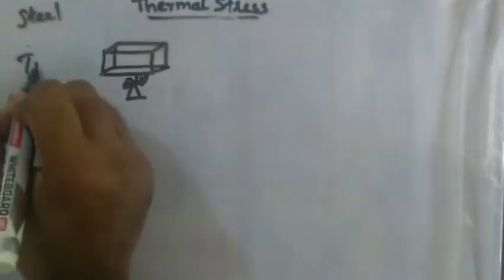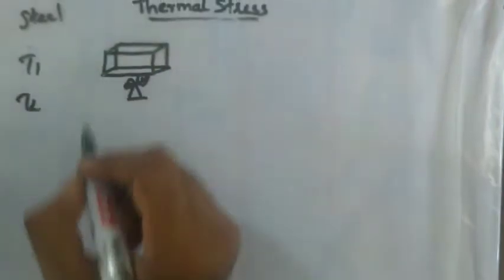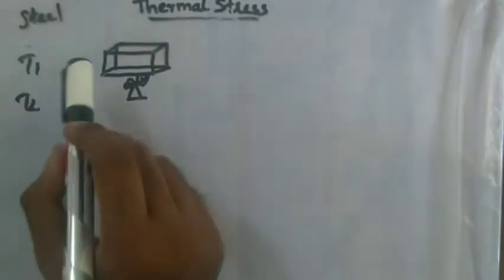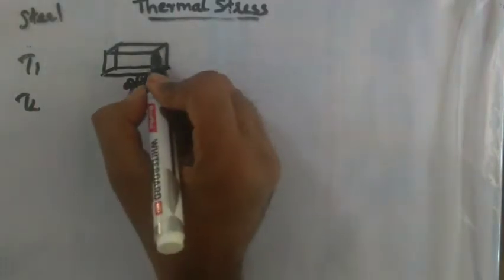First it will be at T1. After applying the heat, it will be at T2. But there are no constraints, that is, there is no restriction on both the sides. So the material will be allowed to elongate.